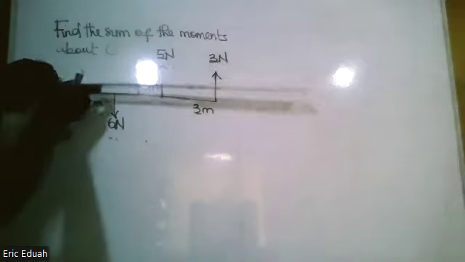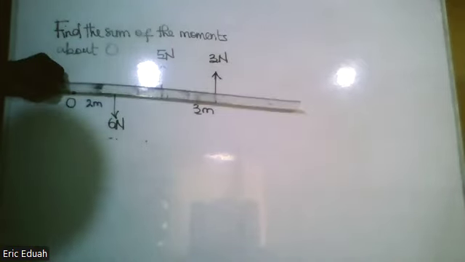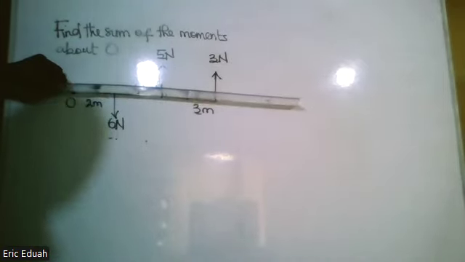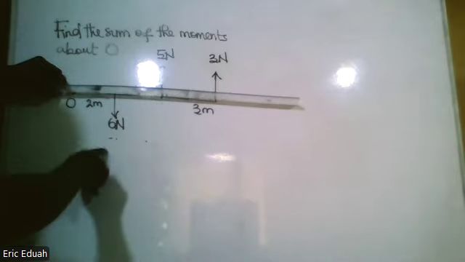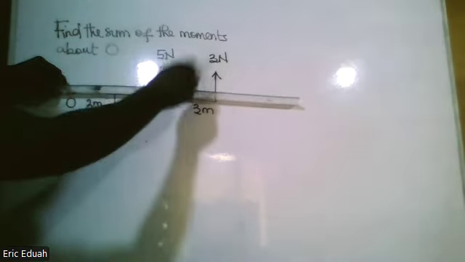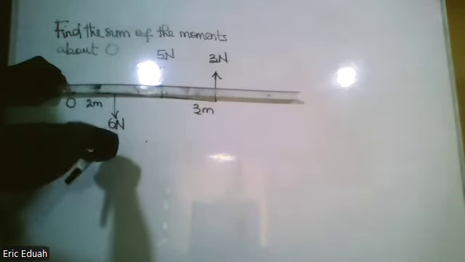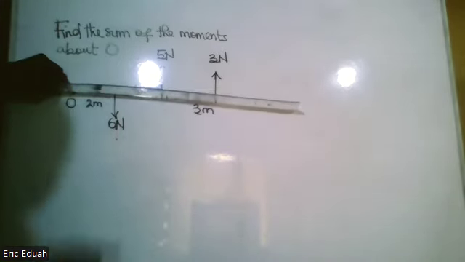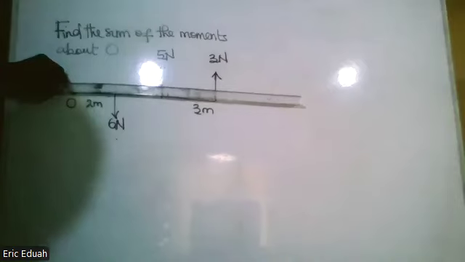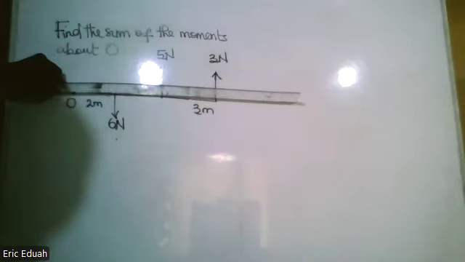Mamiya, look at my illustration. The rule is the bar. We have 6 Newton force, 5, and then 3 acting on it. Which direction is the 6 Newton force going? It's downward.